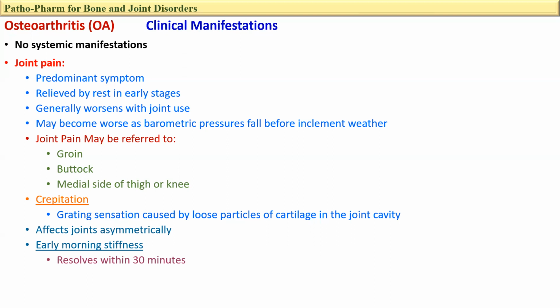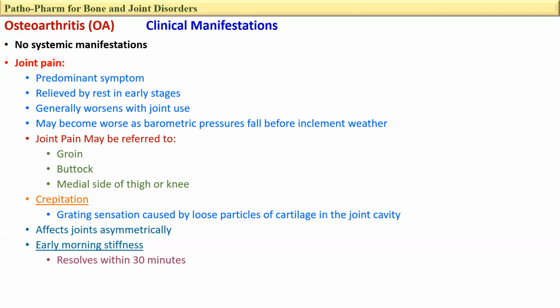In other words, it will result in uneven distribution of stress across the joint, and that will result in reduction in the joint's range of motion, which will be more limited and restricted.